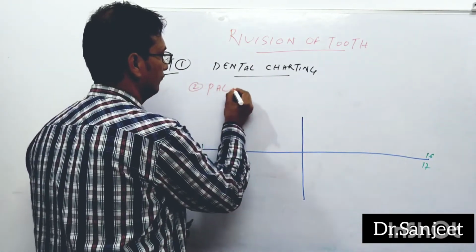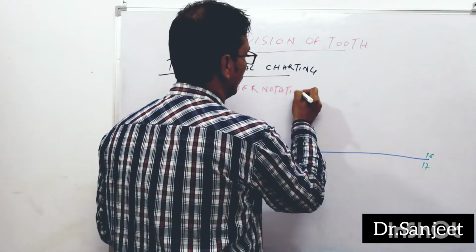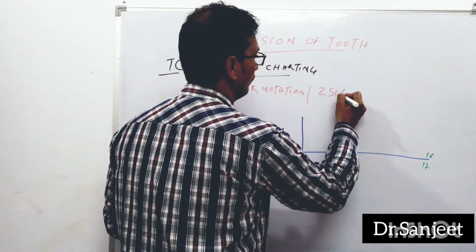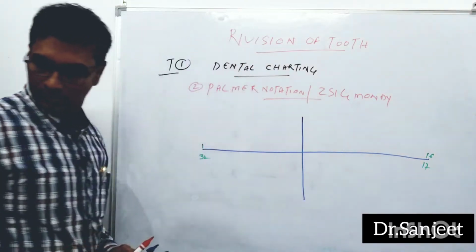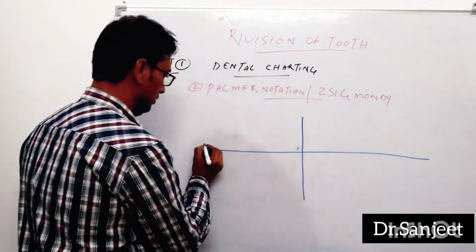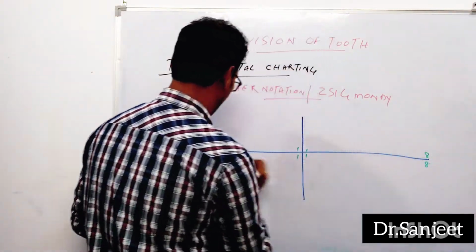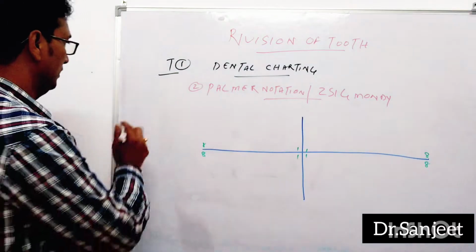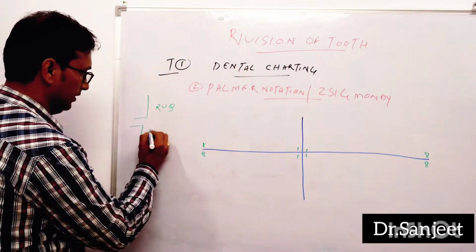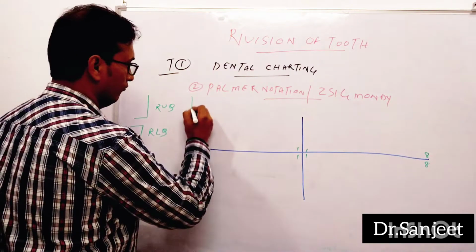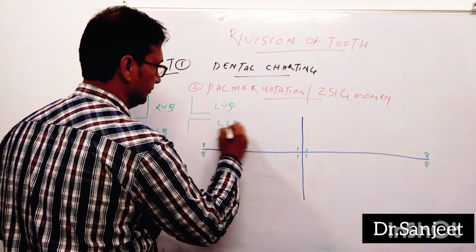Palmer notation, and Zsigmondy system, Zsigmondy criteria. From the center 1 to 8, 1 to 8, and the notation is there like right upper quadrant, right lower quadrant, left upper quadrant and left lower quadrant.